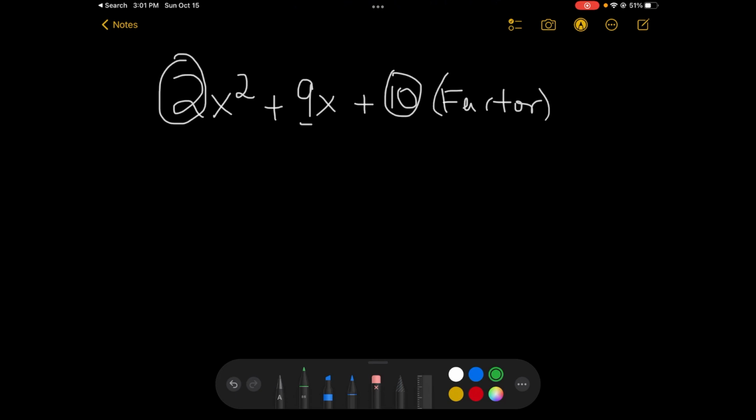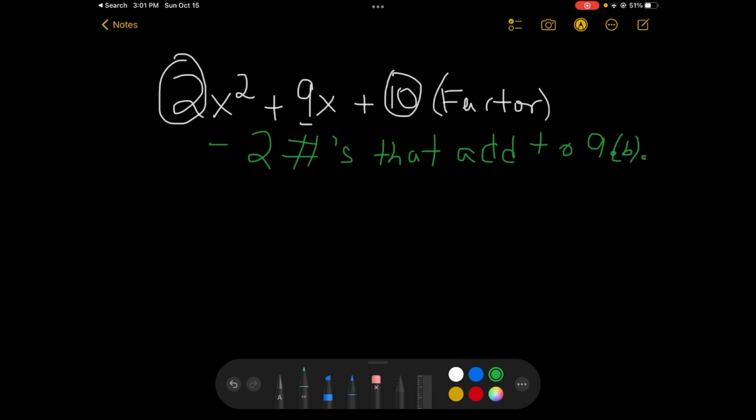So we want two numbers that add to 9, which is our B value, and multiply to 2 times 10, or A times C, which is 20. So what would those two numbers be?